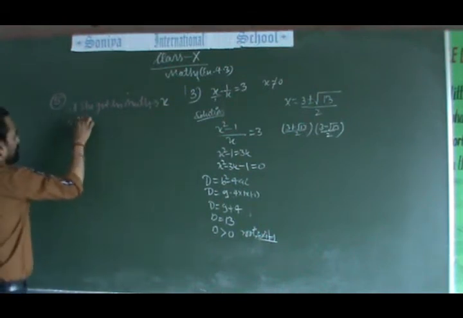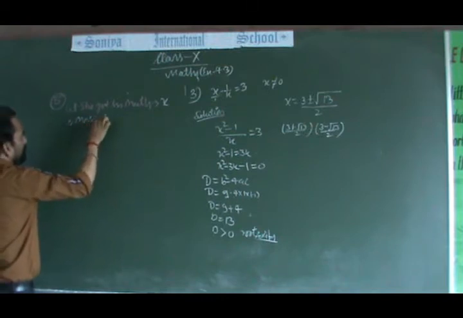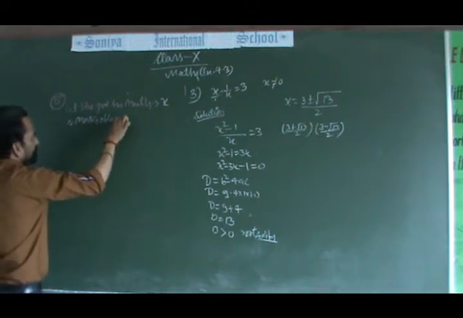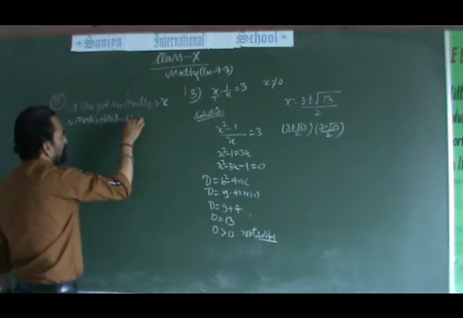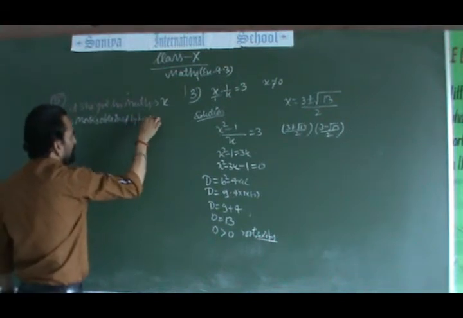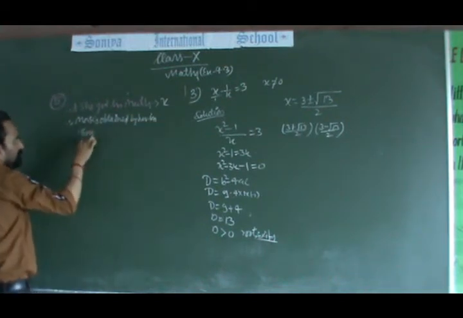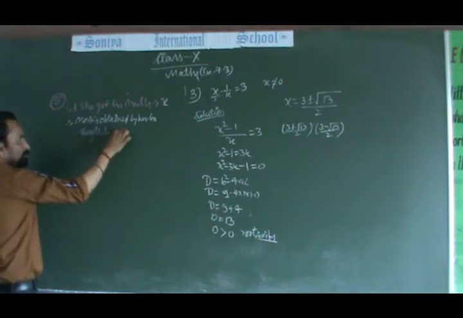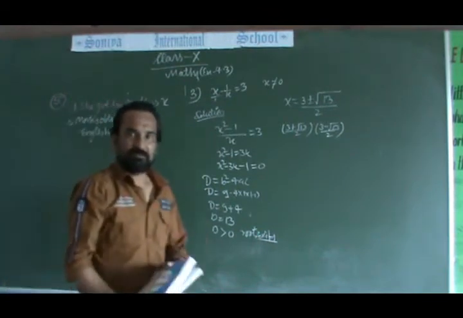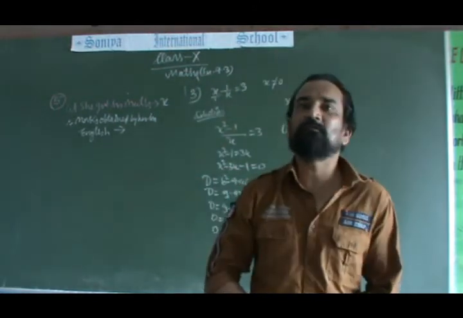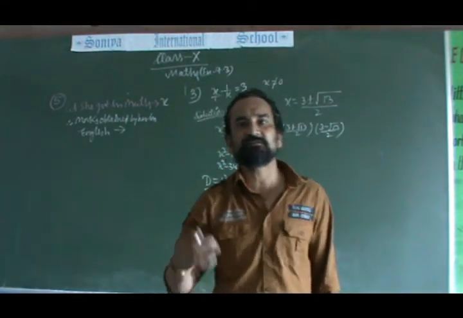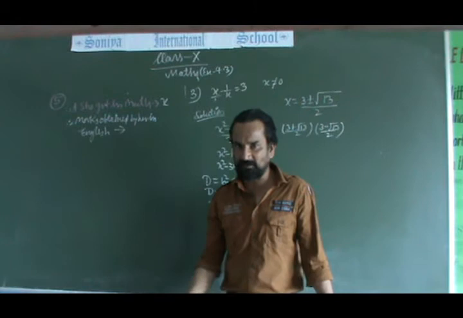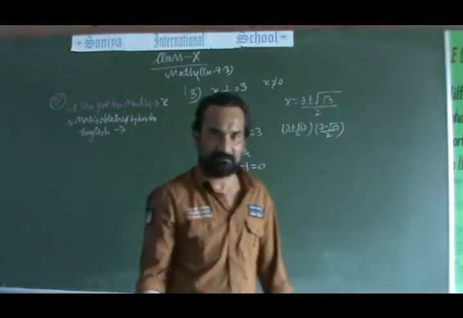Therefore, the marks obtained by her in English: the total of these 2 subjects is 30. Suppose if in one subject she got 5 marks, then how many marks did she get in another subject? Obviously, it is 25.